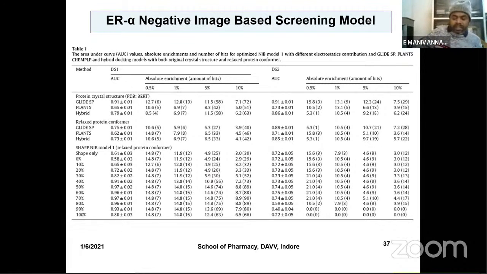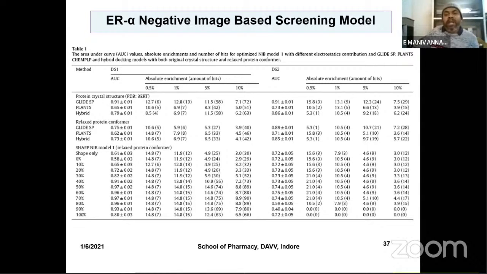The ROC area under the curve scale starts from 0 to 1, so the value closest to 1 is the better one. So 0.91 is obtained for Glide SP, so Glide SP has better recognition capability for dataset 1 ligands.